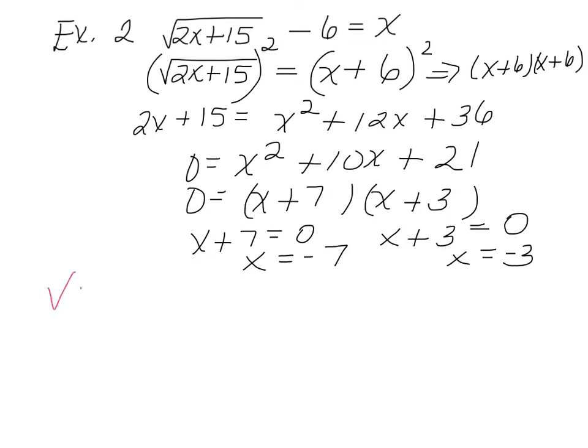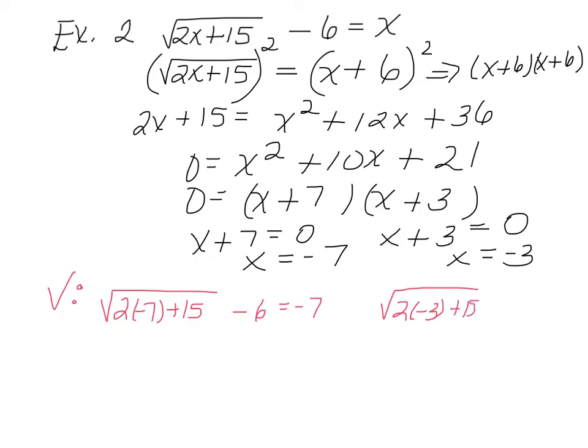And you always have to check. So first you try negative 7 in the original problem. And then we're going to try negative 3. So here we get negative 14 plus 15. 1 minus negative 6 is not negative 7.